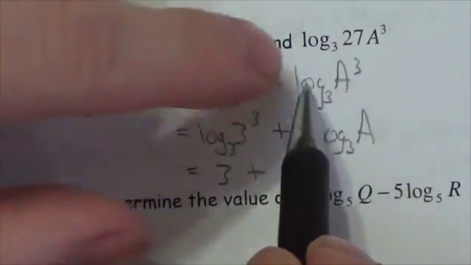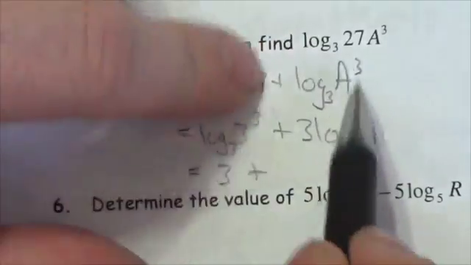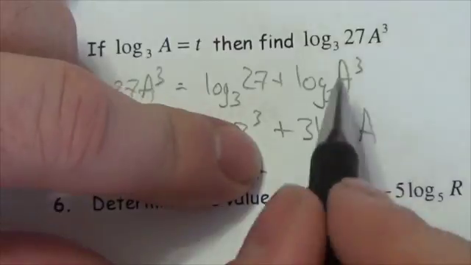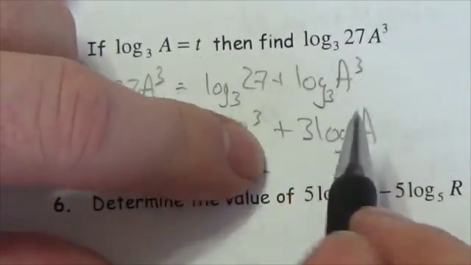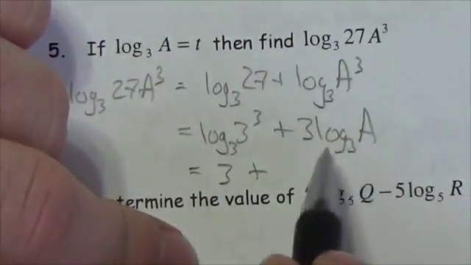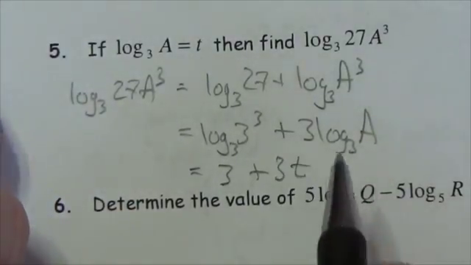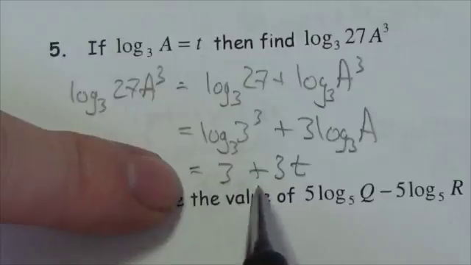It's not the log base 3 of a, all cubed. It's just the log base 3 of a cubed. Just the a is being cubed here. It's just a portion of it. Now I can make that substitution and make this 3t. And so here's our final answer, 3 plus 3t.